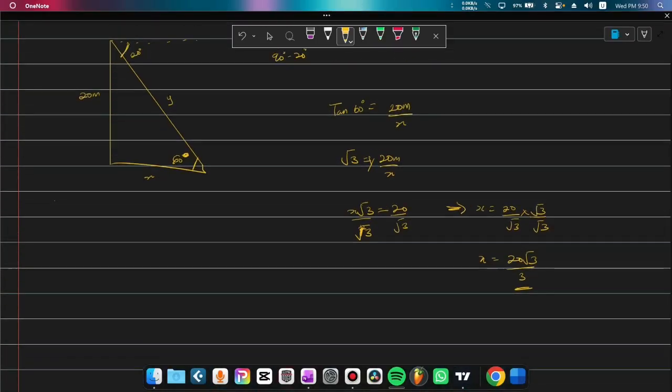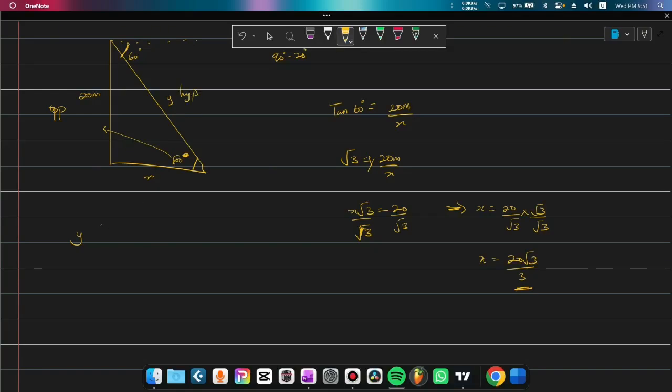What about y? Now for y, I know y is the hypotenuse, and I could use 20, I could use x too, but let me use 20. y is the hypotenuse, 20 is the opposite, because the angle is facing it. So you don't get confused, I have the opposite, and I'm looking for the hypotenuse.